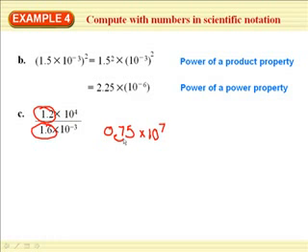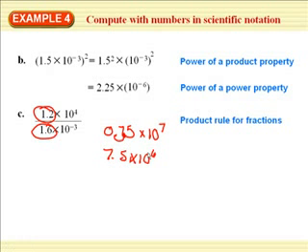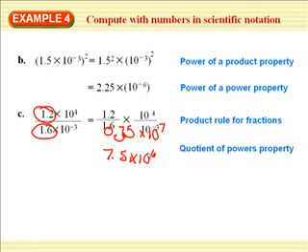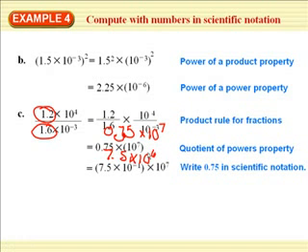This isn't between 1 and 10, so it's 7.5, and since we moved the decimal this way, it takes it off 10 to the 6th.